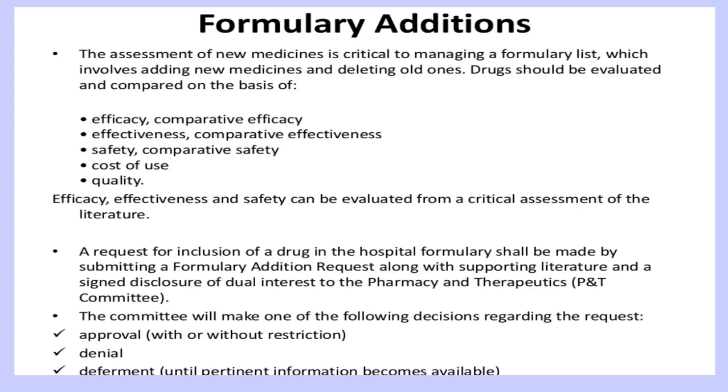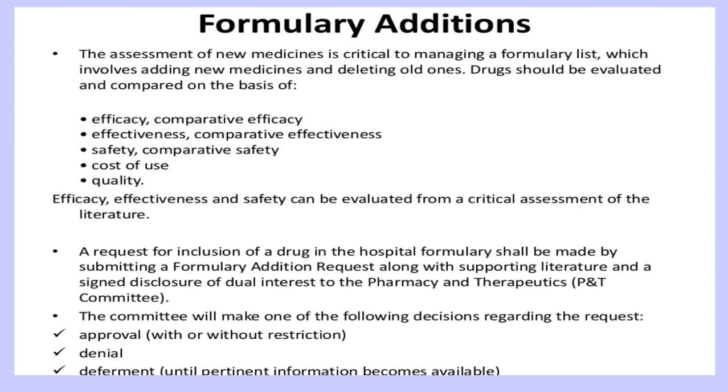Drugs should be evaluated and compared on the basis of efficacy, comparative efficacy, effectiveness, comparative effectiveness, safety, comparative safety, cost of use, quality, etc. So we have to evaluate and compare the drugs based on their efficacy, safety, cost and quality.